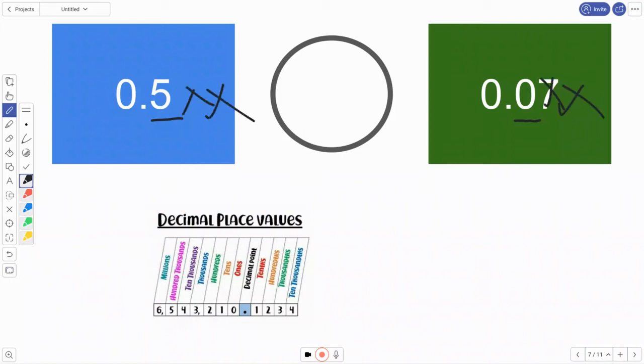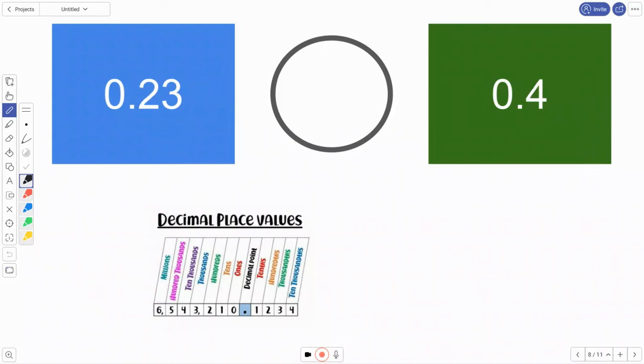When we're comparing, we go one digit at a time. We're only comparing the first digit, which is tenths. Even though there's a 7 over there, that is 7 hundredths. Hundredths are smaller than tenths. This first number in blue has 5/10. The number in green has 0/10, meaning that the number in blue is bigger. So 0.5 is greater than 0.07 because we looked at the first digit.